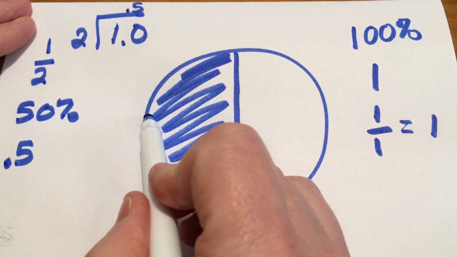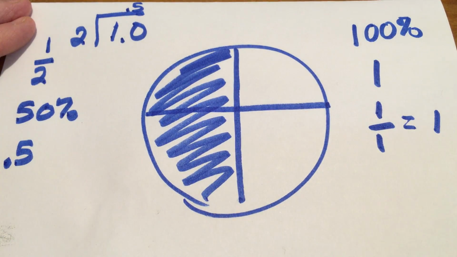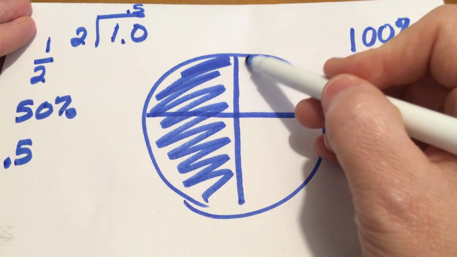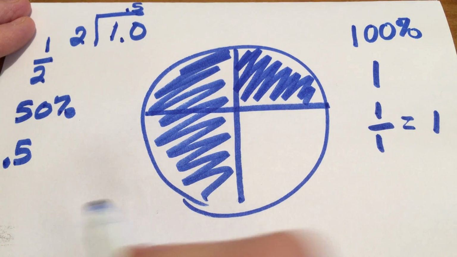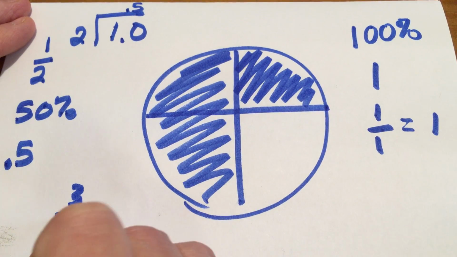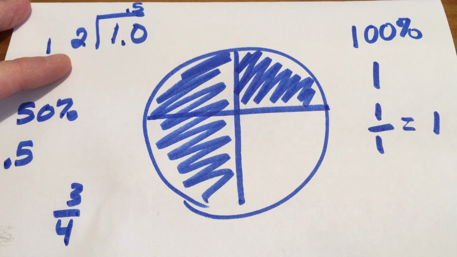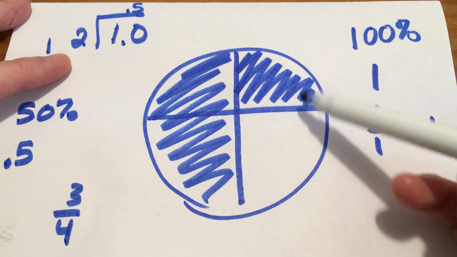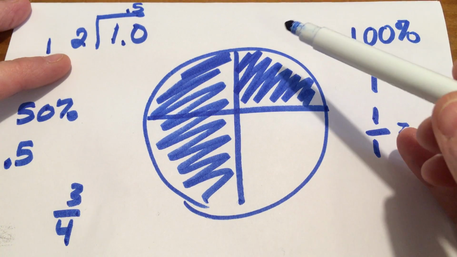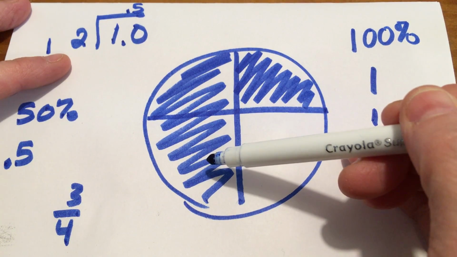Now, let's cut this circle in half again. That gives us 4 parts, and we're going to shade in 1 more part. So that gives us 3 out of 4 parts shaded. So that's our fraction. If we are to count in percents, we can break this into 4 parts: 25, 50, 75%.